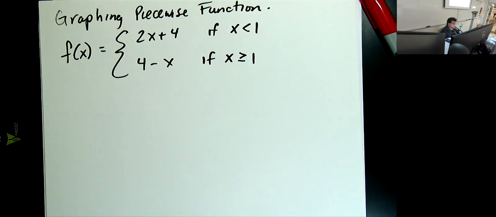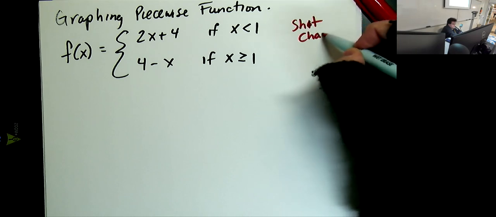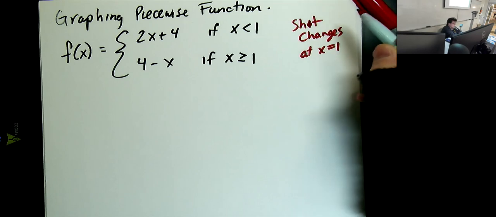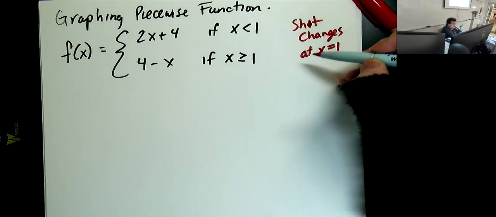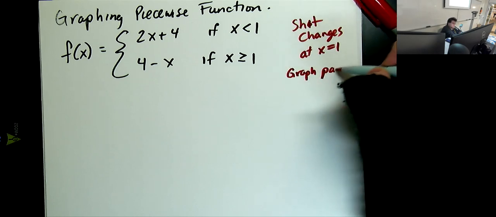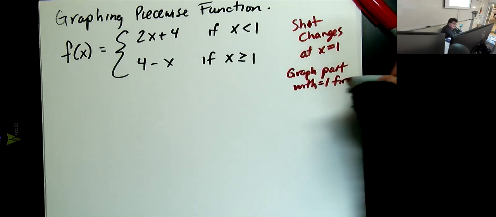Okay, it's clear that the function changes here at x equals 1. I'm getting that from here. So what I want to do is graph the part that has the equal sign at 1 first.